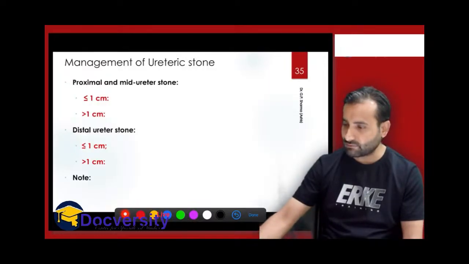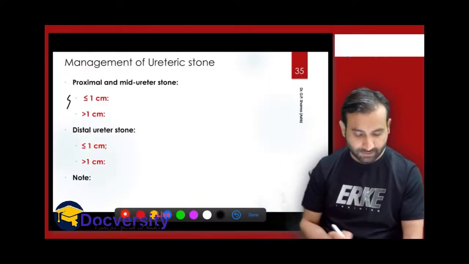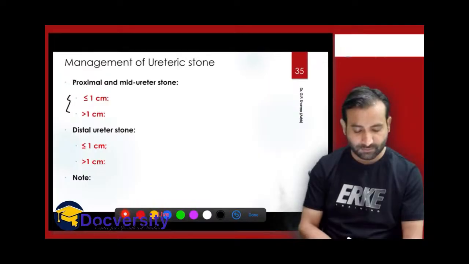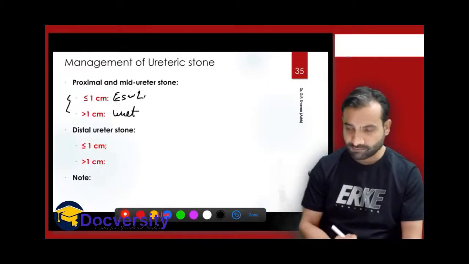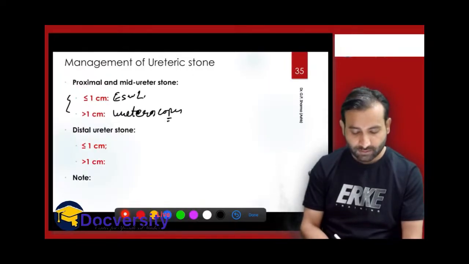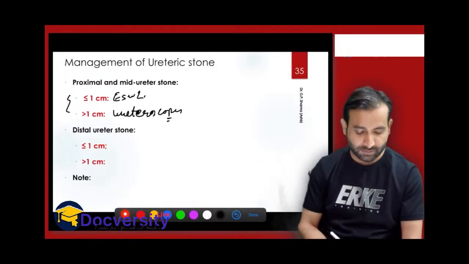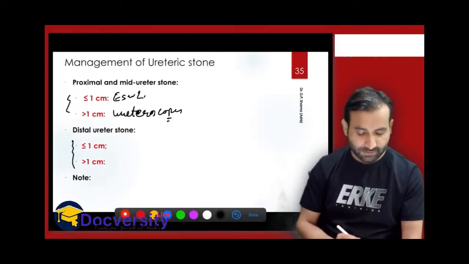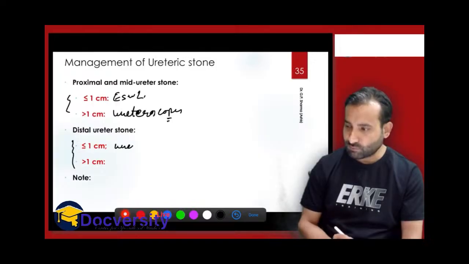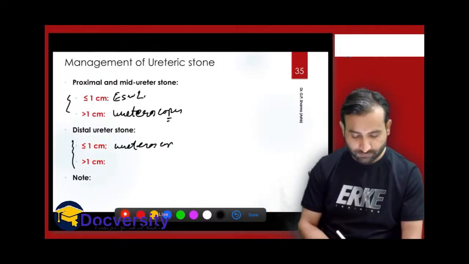And let's go to the ureteric calculi management. If it is the proximal and mid ureter stone, less than 1 centimeter or more than 1 centimeter. If it is less or equal to 1 centimeter, we do the ESWL, right? If it is more than 1 centimeter, then ureteroscopy, right? We just pass the tube and then extract the stone in the basket. Distal ureter stone, if it is less than 1 centimeter or more than 1 centimeter, for both cases we use the ureteroscopy.